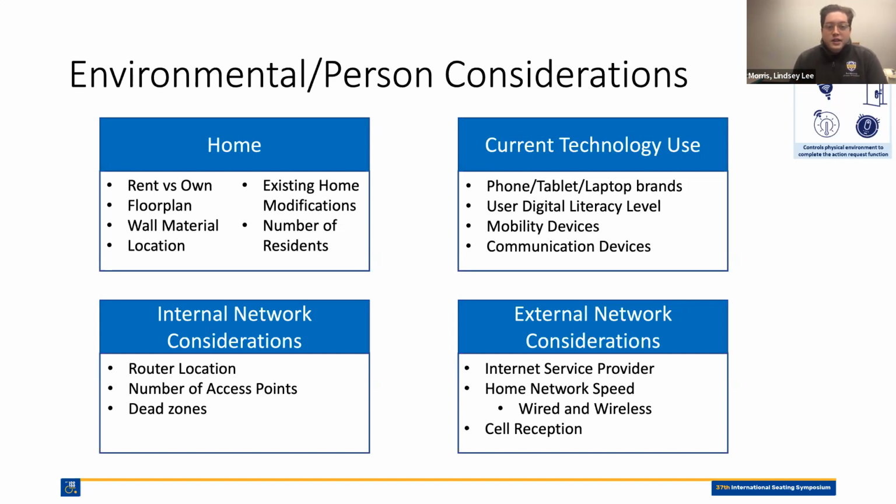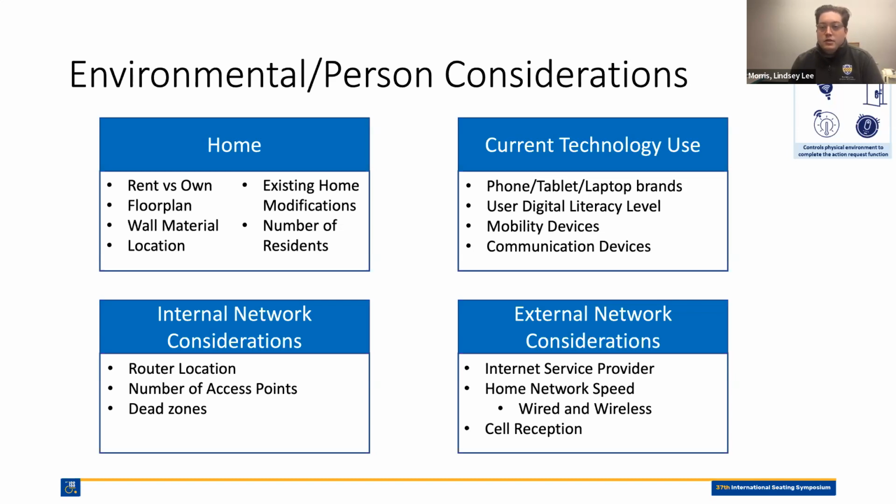The user's current technology use, as Lindsey mentioned, is very important. If they use an Android phone, there's no point in recommending them HomeKit devices, because they literally can't access them. Some interfaces are simpler than others, easier to use.